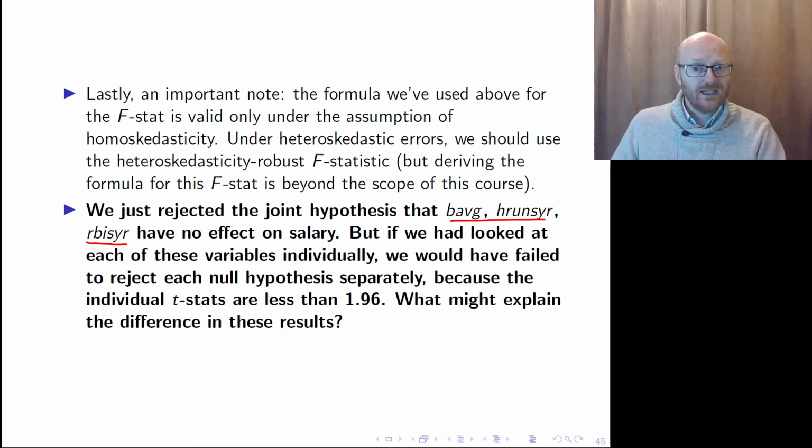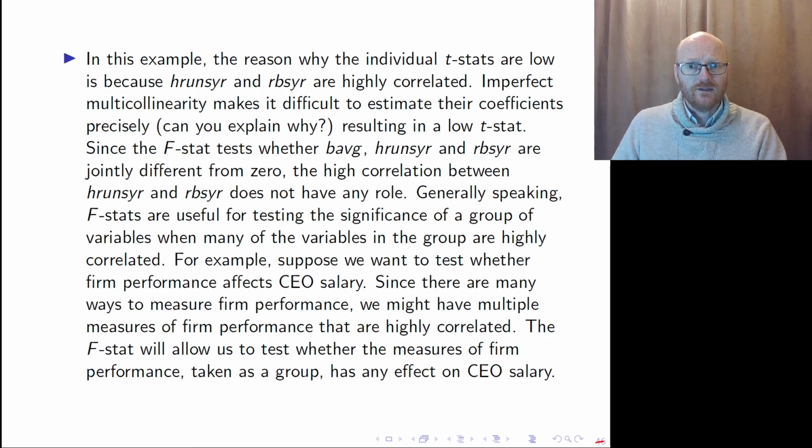So what might explain this case? Well, the reason why the individual t-stats are low is because home runs per year and runs batted in per year are highly correlated.